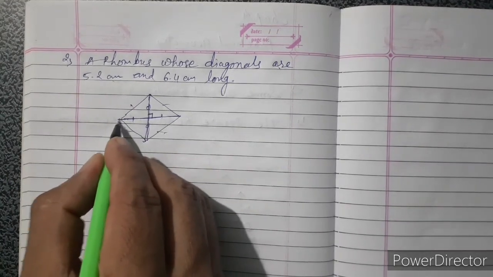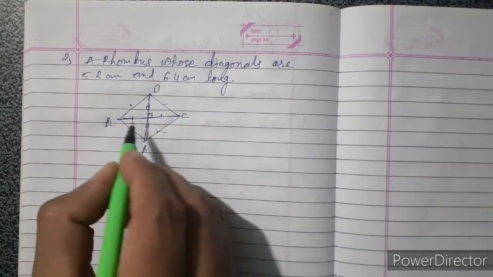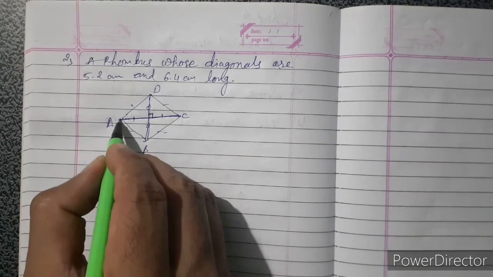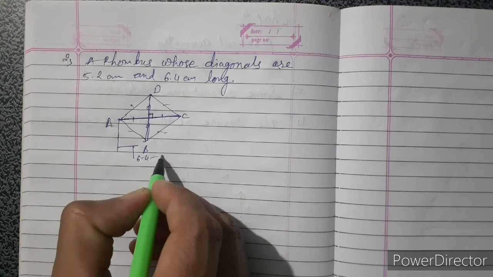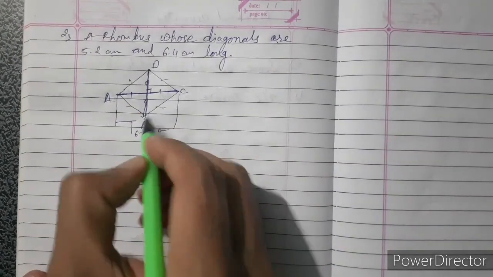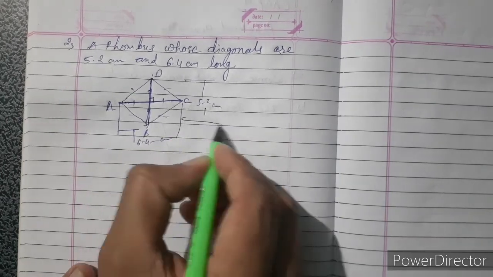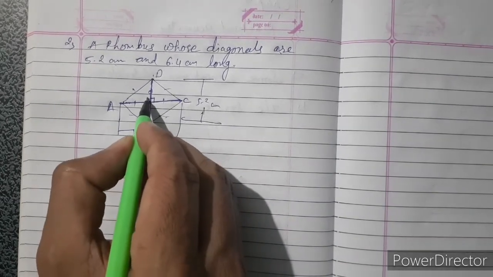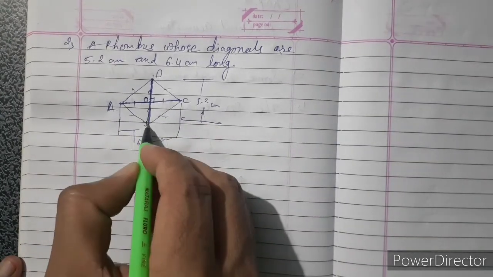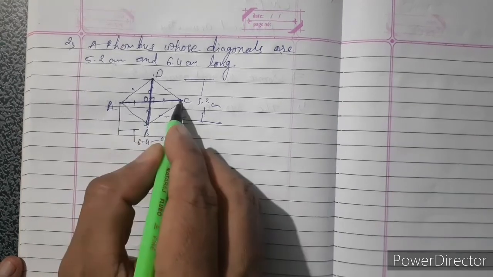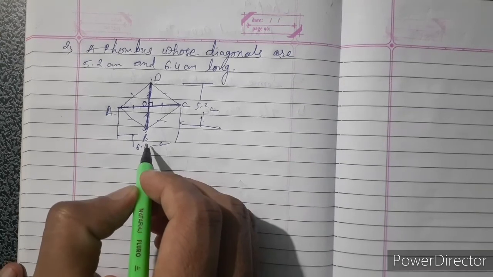Suppose A, B, C and D are there. First we draw diagonal AC, whose measurement is 6.4 centimeter, and BD is 5.2 centimeter, and the intersecting point is O. So OD and OB are both equal because AC divides BD into two equal parts, as a perpendicular bisector.